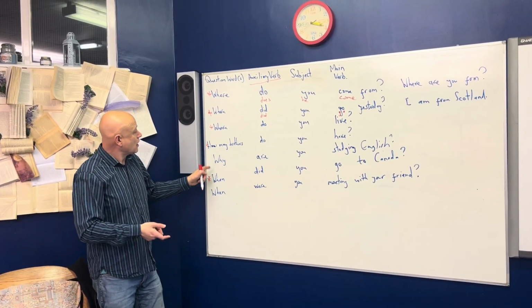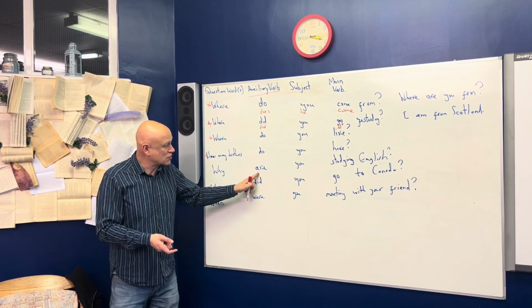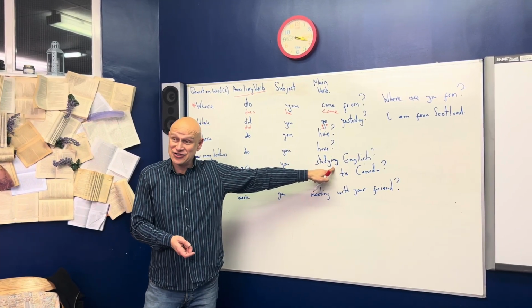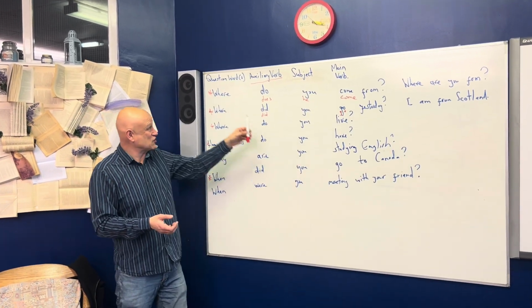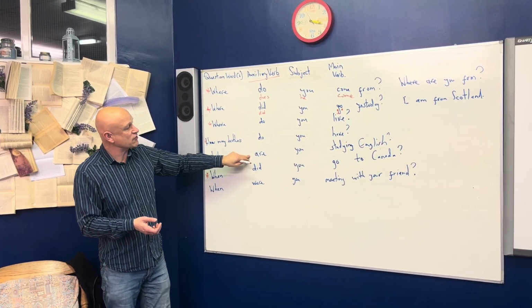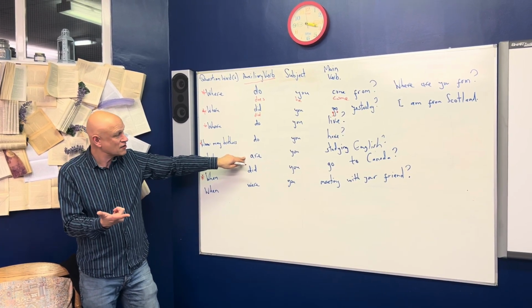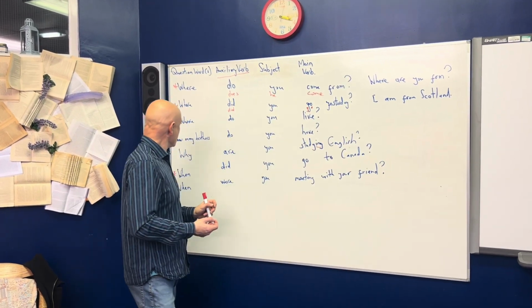Now, present continuous uses the auxiliary verb to be, and then it uses the verb in the ing form. And all we need to do is remember the structure of questions. Question word, the auxiliary verb to be in the present, because it's present continuous, and then the main verb in the ing form.